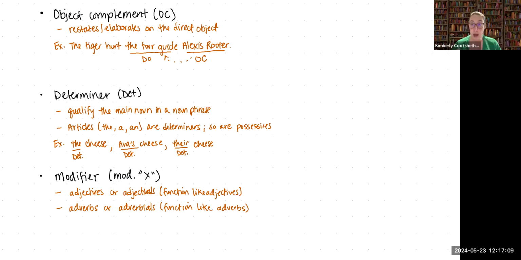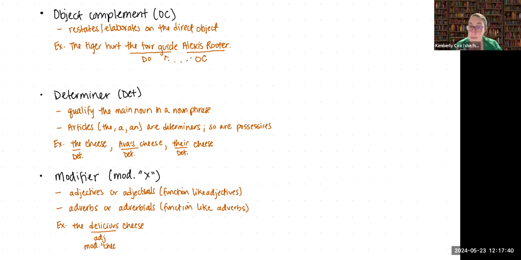In terms of the way we'll be talking about them this semester, we'll be looking at how they modify certain words. So for instance, I might say the delicious cheese. Okay. Delicious here is an adjective, but it modifies cheese.